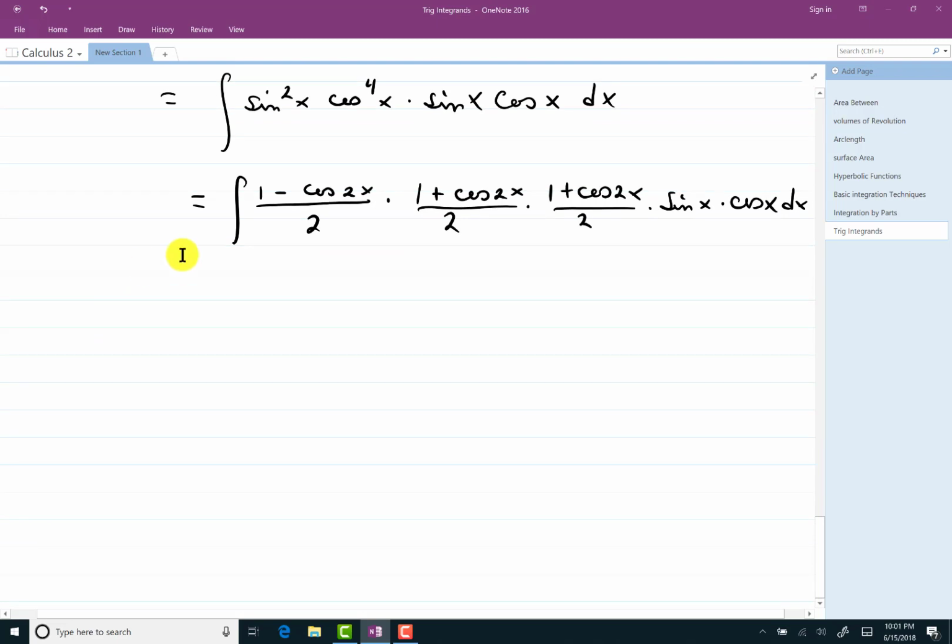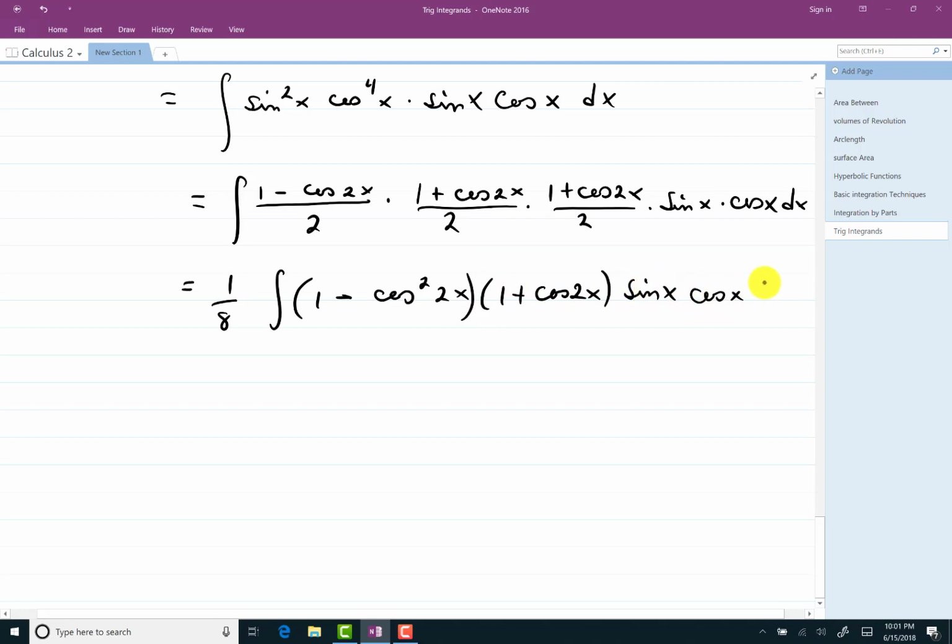Well, let me start multiplying stuff out. 3 2's I'm going to bring in the front to make a 1/8. And let me start by multiplying this times this. It's a difference of squares, so that's nice. I get 1 minus cosine squared of 2x. All right, now I'll go ahead and FOIL this all out and see what happens.